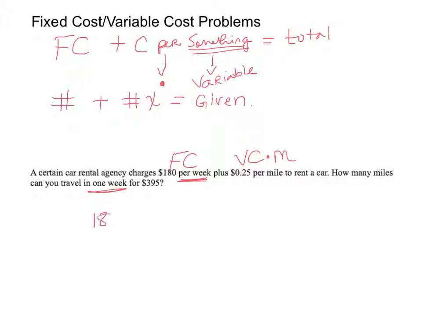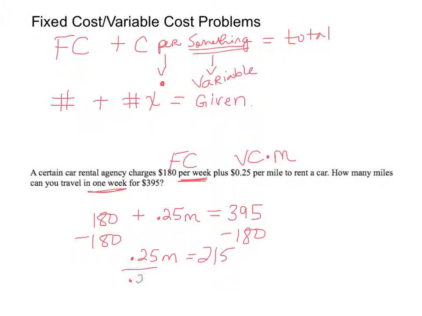So 180 plus 0.25 per mile times M is equal to $395. I have my equation, now I can solve. If I subtract 180 from both sides, I'm going to have 0.25 M is equal to 395 minus 180. That's 215.